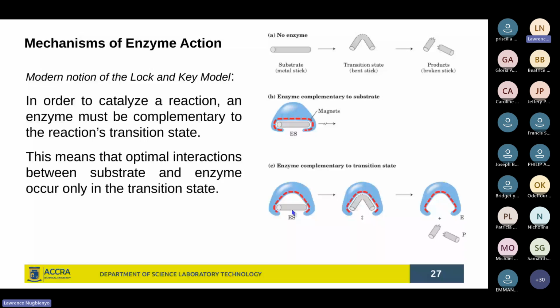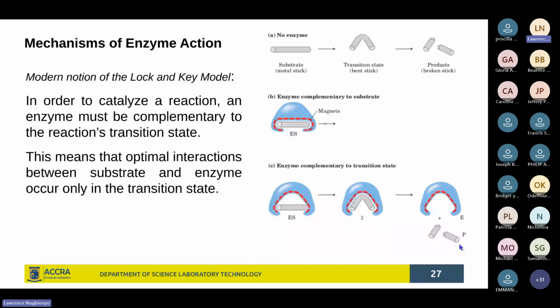The fitting that you see with the enzyme and the substrate is not perfect. Rather, after you have the substrate and the enzyme binding, there is some kind of configuration, so that the substrate gets configured to fit the enzyme. Then the enzyme can cause the breakage of that substrate to now give you the product.